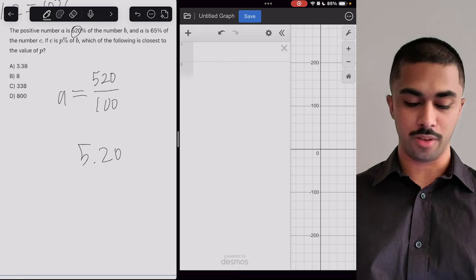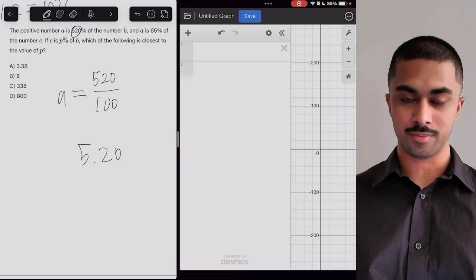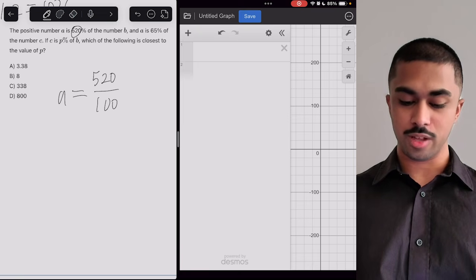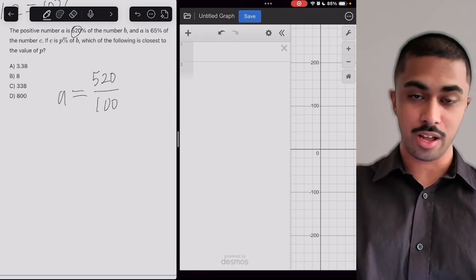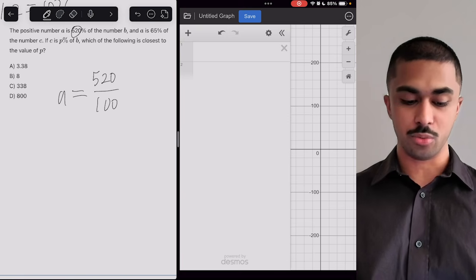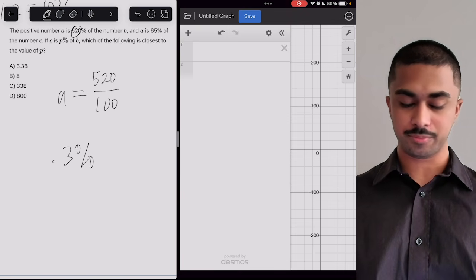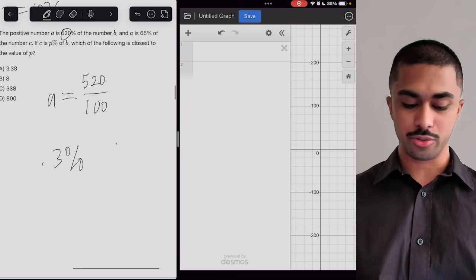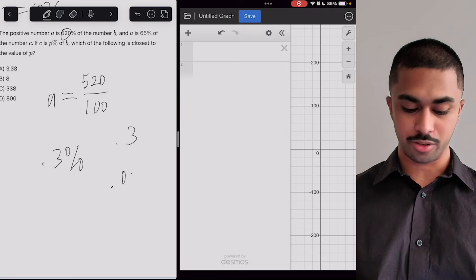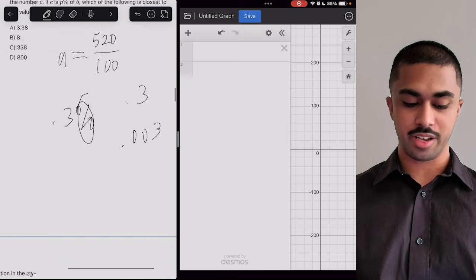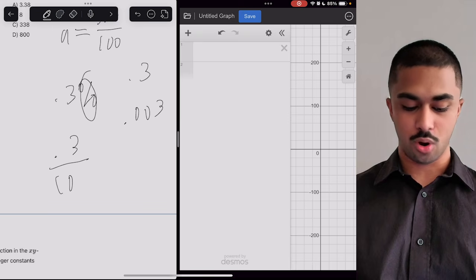I know you know that 520% is 5.2, but I don't need you to do that because Desmos can do that for you, and I've seen so many students make the mistake of, let's say, you get 0.3%, writing 0.3 instead of writing 0.003. Anytime you see percent, just do the same thing over 100.